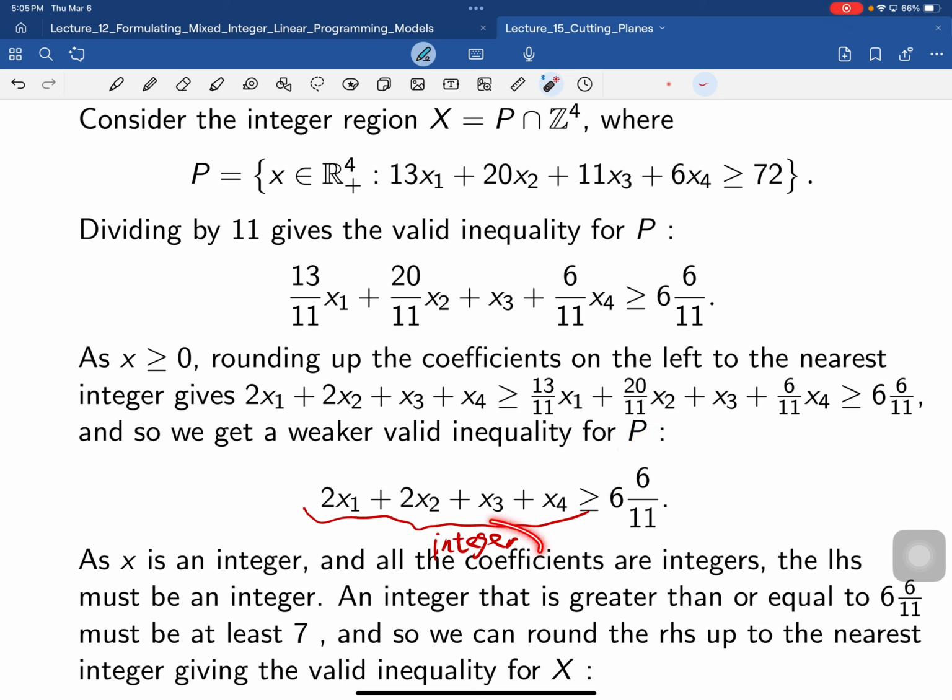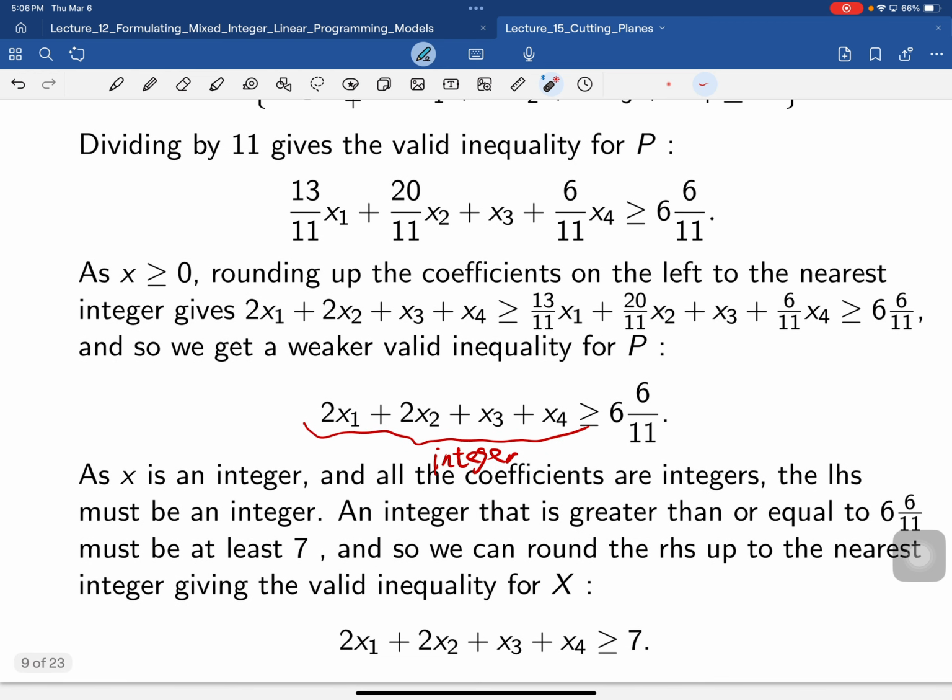Since the left-hand side is an integer and the right-hand side is not, I can round up the right-hand side, and this inequality is still valid. So with this round up, we got this inequality here. Because this is integer, if an integer is greater than 6.5, that means this integer is greater than or equal to 7. So that's what you got.